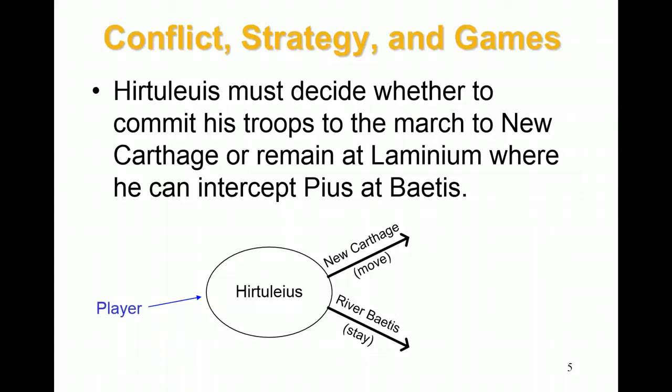And it lays out his two possible actions: move his troops to New Carthage or stay and fight at the river. So I want you to compare the written form to extensive form. Which one do you find more clear? I think it is pretty straightforward that this really helps lay out who's doing what and what their possible actions are.